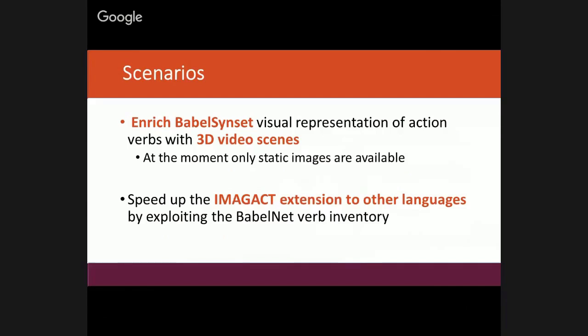The aim of this experiment is to enrich the BabelNet synsets with 3D video scenes that are much more effective in representing actions than static images, and to speed up the IMAGACT extension to other languages by connecting a very specific ontology like IMAGACT to a very huge knowledge base like BabelNet.